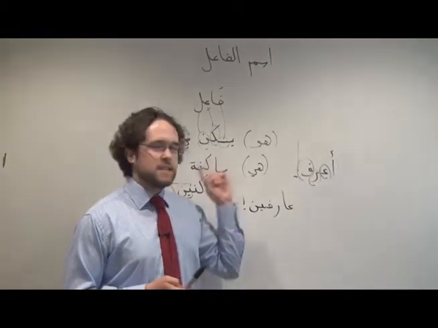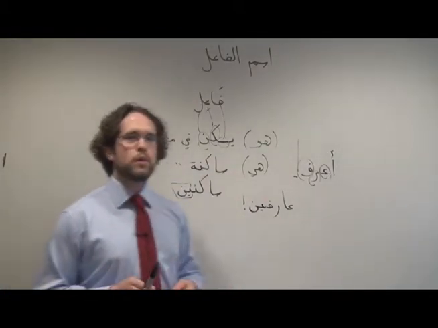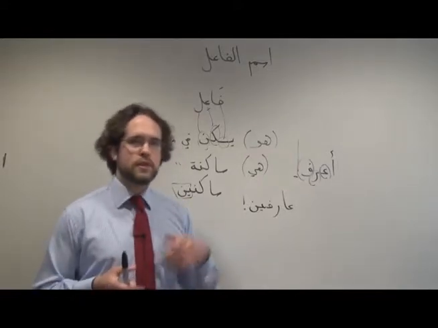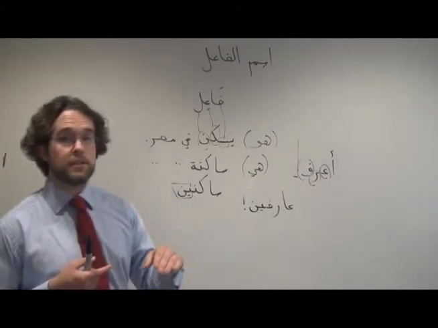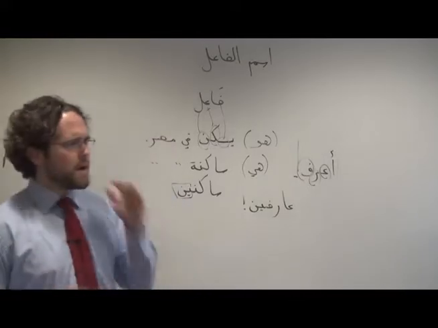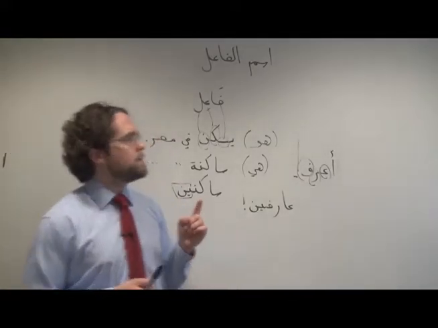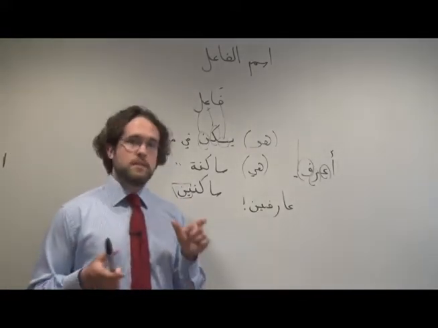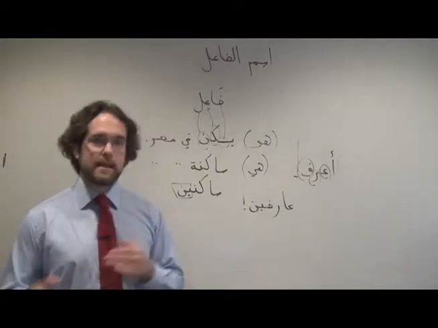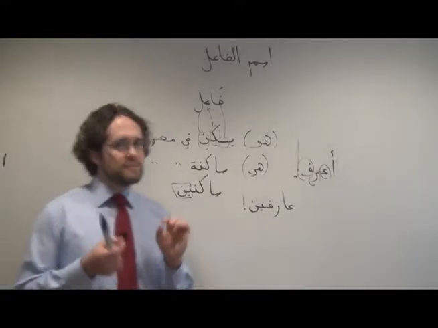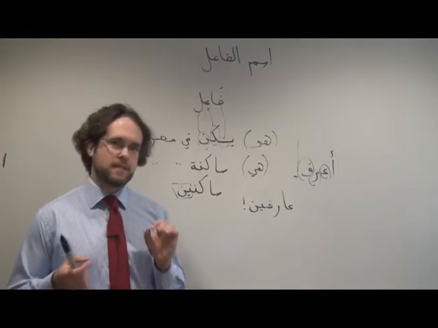Sometimes ism fa'il used this way in colloquial is a little bit closer to the kind of present continuous that we can use in English, right? I am going, I am seeing, I am living, as opposed to the simple present, I go, I see, I live. These are very much shades of gray, right?